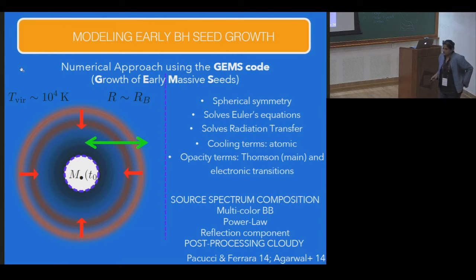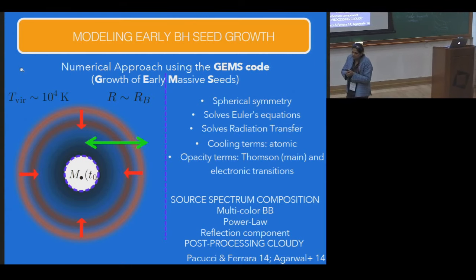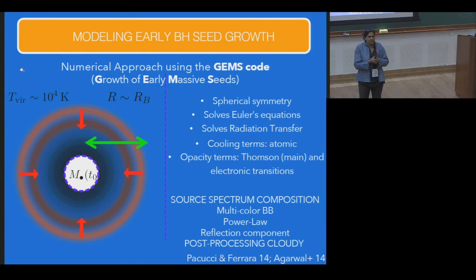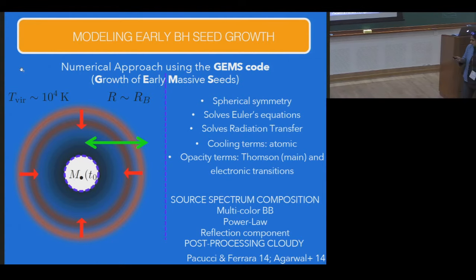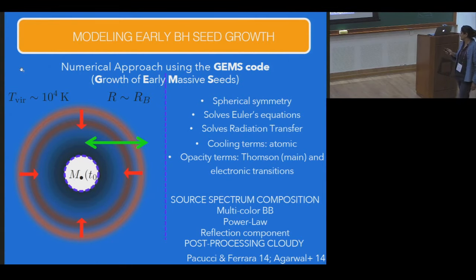To understand what's going on, we looked at whether it matters if you start from 100 solar masses or 10 to the 4 solar masses. Does it have an impact on early growth? Do you have more efficient growth if you start with a more massive initial seed, in conditions that are typical in the early universe? So we did a bunch of idealized simulations.